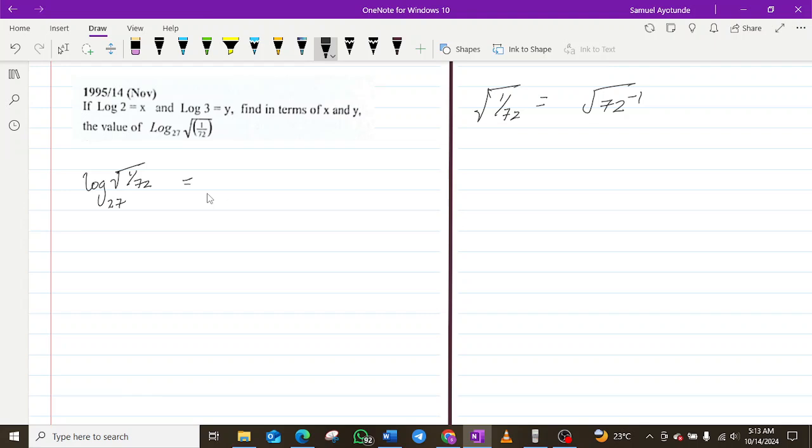If I have x over y raised to power n, I can write it as y over x, then the power will get a negative. So the power for 72 here is 1.